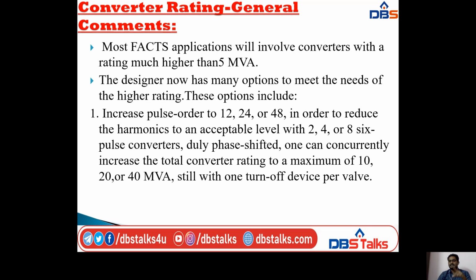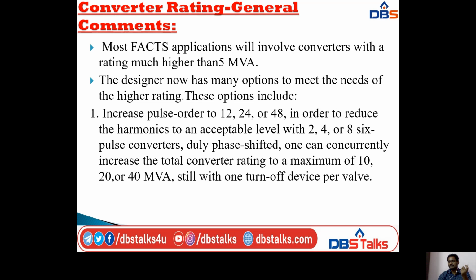Here 2 six-pulse converters is nothing but a 12-pulse converter, 4 six-pulse converters is a 24-pulse converter, and 8 six-pulse converters is a 48-pulse converter, duly phase shifted. One can concurrently increase the total converter rating to a maximum of 10, 20 or 40 MVA.